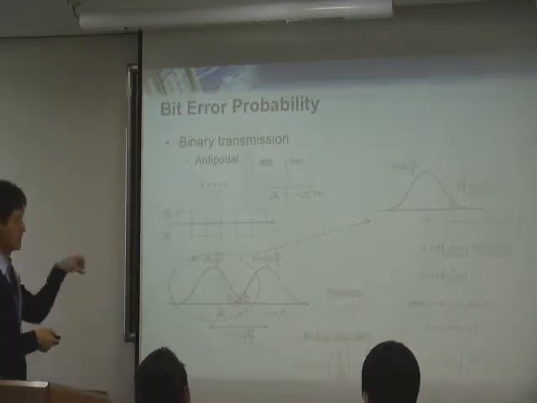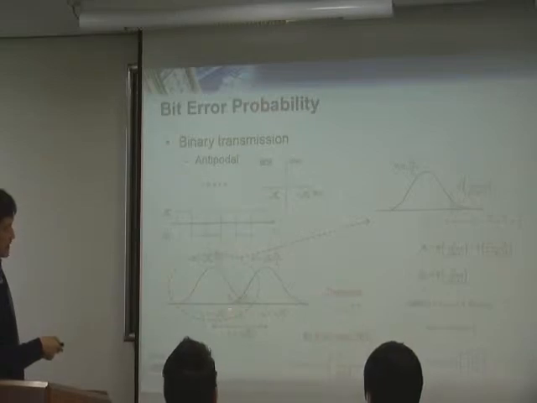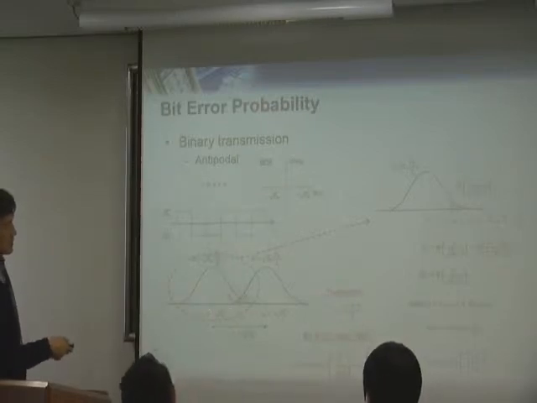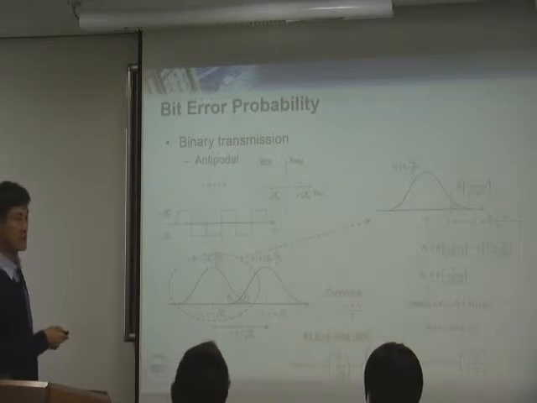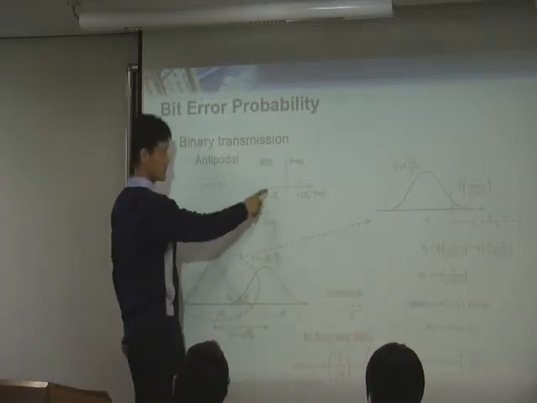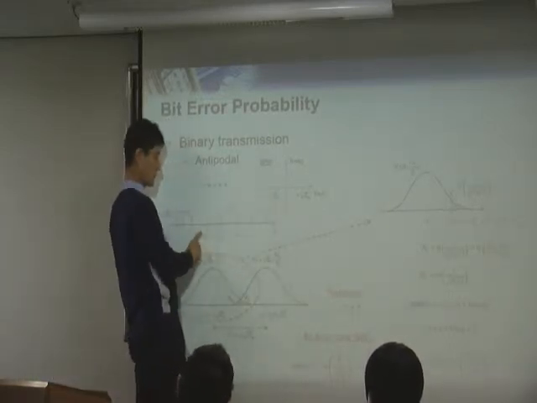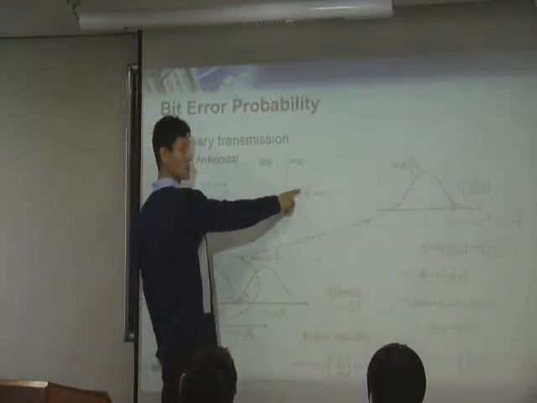Now, how to analyze the bit error rate of BPSK is that we show this hypothesis, right? Here is S1, and here is S2. You are drawing a Gaussian distribution for each of them, because this is what you transmit some times, and this is what you transmit other times.